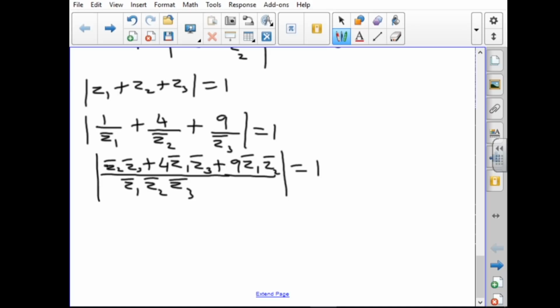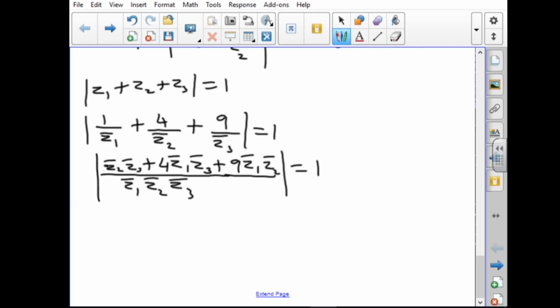Now we know that modulus of z1 into z2 into z3 is equal to modulus of z1 into modulus of z2 into modulus of z3, and that the modulus of a quotient is the quotient of moduli. All these properties we are going to use here.